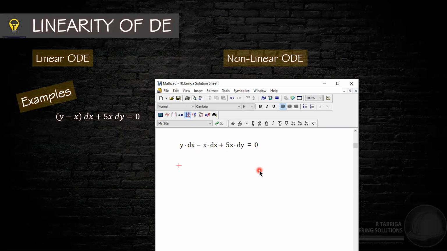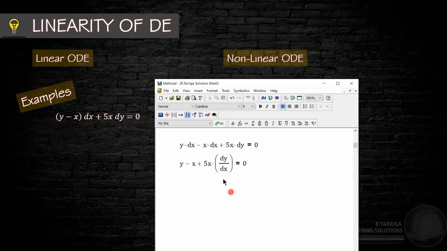So i-divide natin ng dx all over the equation. So that would become y minus x plus 5x dy over dx equals to 0.